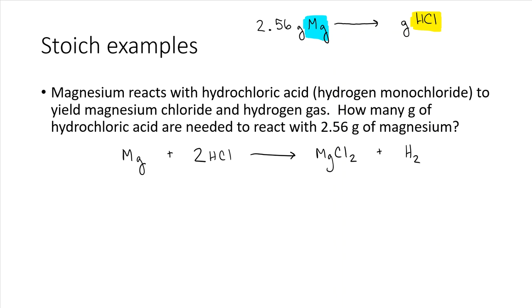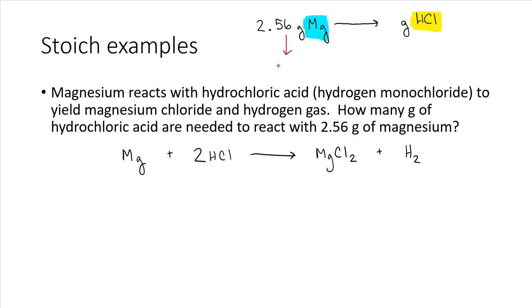The only way you can get between two different compounds is through the moles, and then the only way you can get the mole ratio is from the balanced chemical equation. You cannot get from one kind of compound to another kind of compound unless you go through moles and the balanced chemical equation. So we can't do this in one trip, we have to take a pit stop, we have to take a layover somewhere else.